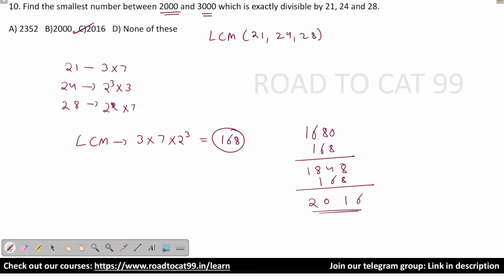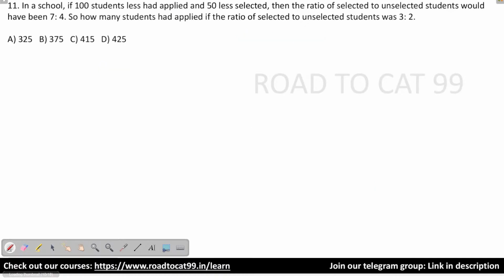Let's move to the next question. Again, try this question on your own first, and then let's proceed. Shall I give you time to solve the question, or should I directly solve it?